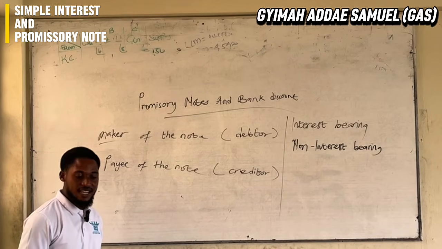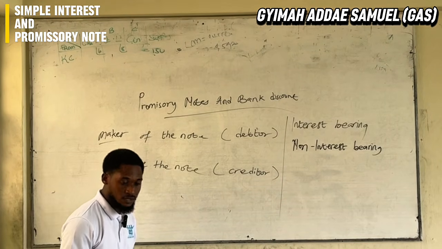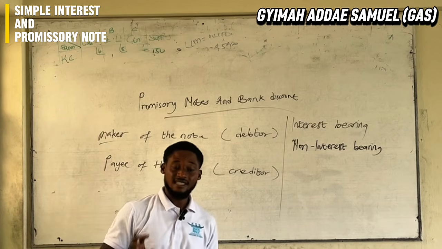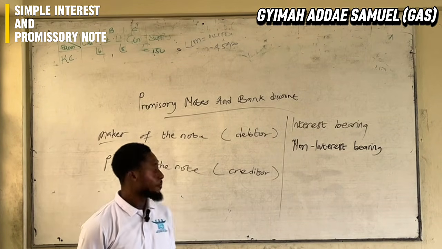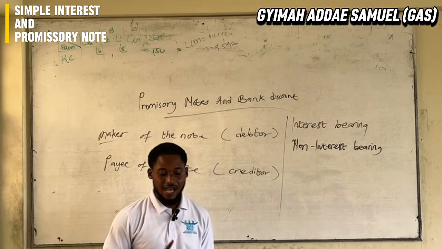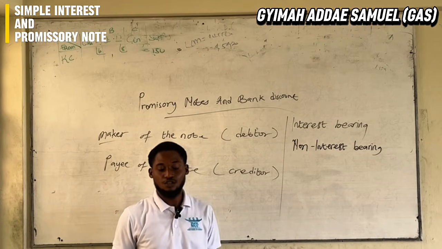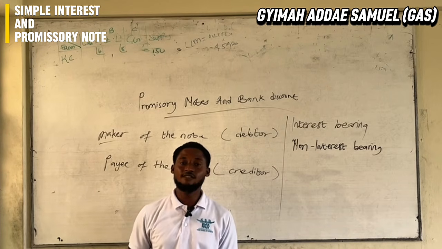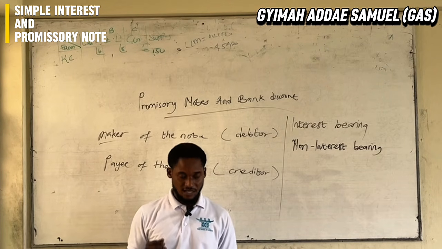And a non-interest bearing promissory note does not attract any interest when it matures. These are the differences.